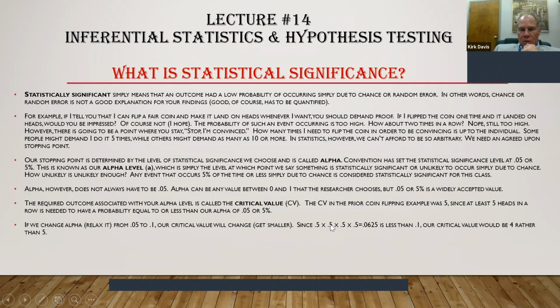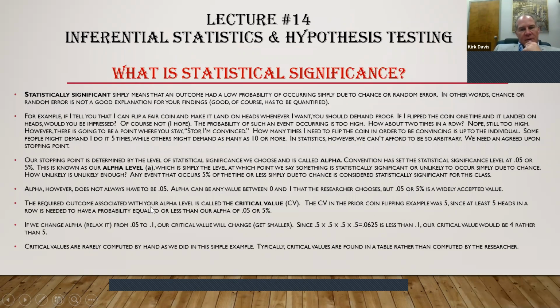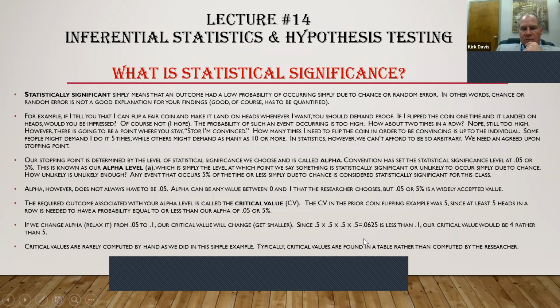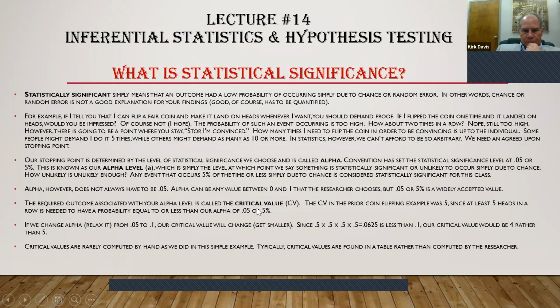And so if we have 1, 2, 3, 4, probability is still too high. So I need 5 heads in a row, and that would get my probability to just a little bit over 3%, which is less than my alpha of 5%. So the value that I must obtain in this particular experiment is 5 heads in a row, because 5 heads in a row has a probability of 0.035, which is less than my alpha level.